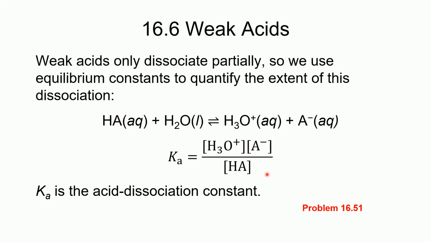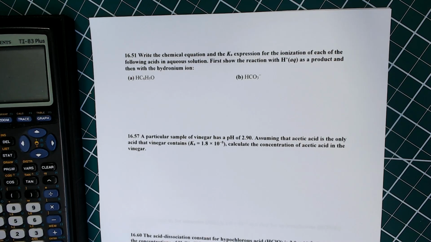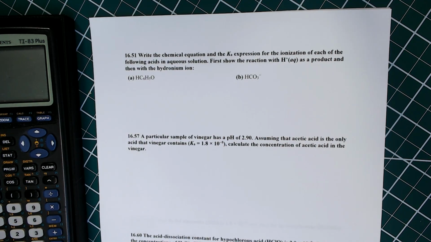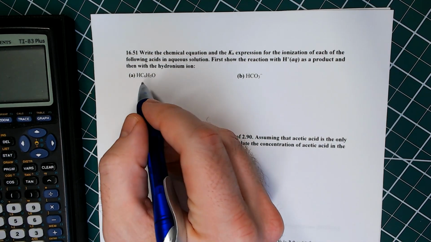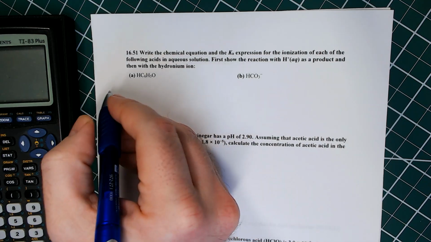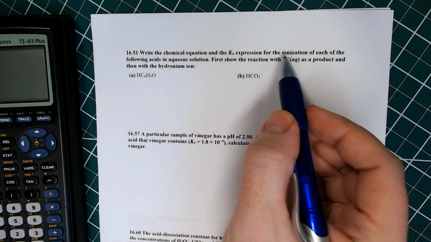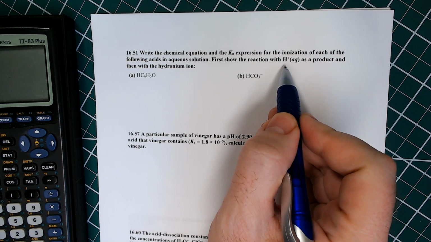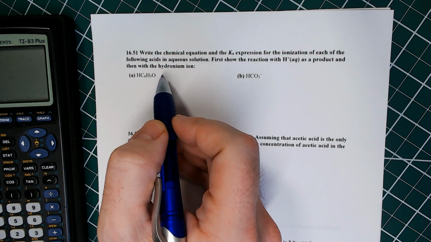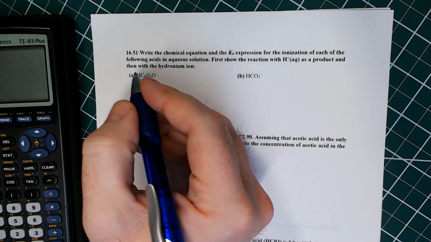So we're going to look at number 51 in chapter 16, and we want to write this out as an equilibrium reaction. You'll notice it asks us to write it two ways, so I will write it two ways: one where the hydrogen ion is the product and one where the hydronium ion is the product.